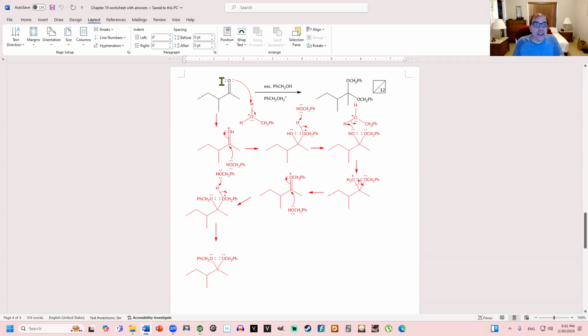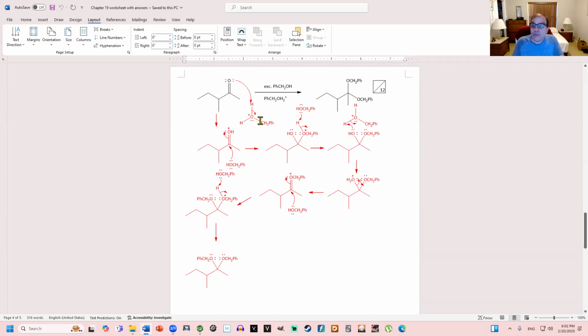We have an arrow starting at one of the lone pairs on oxygen, and ending at one of those hydrogens on the conjugate acid of benzyl alcohol. So we form a new oxygen-hydrogen bond. We break this oxygen-hydrogen bond and push the electrons onto the positively charged oxygen.